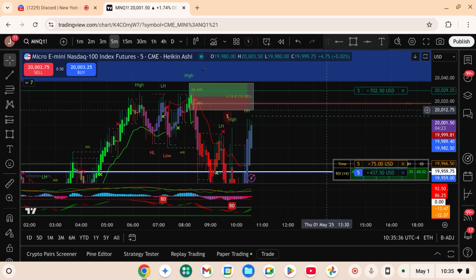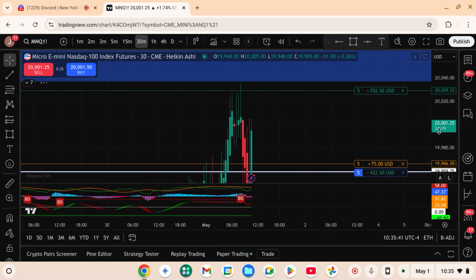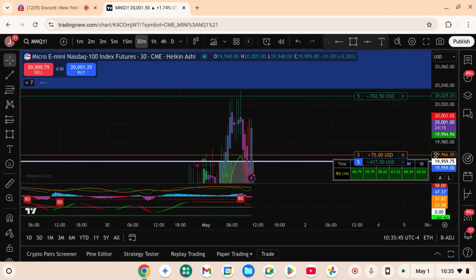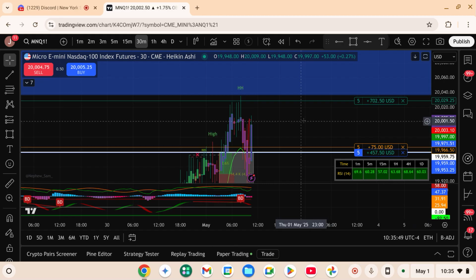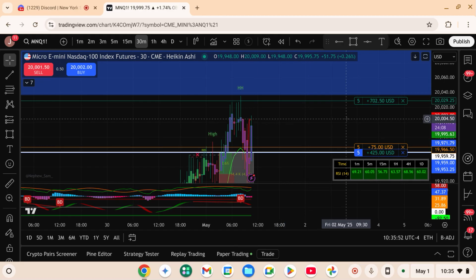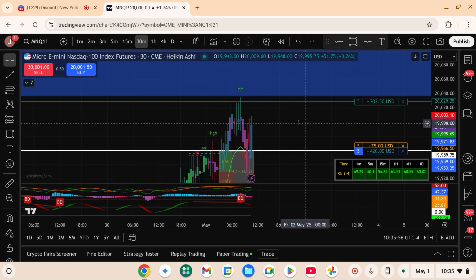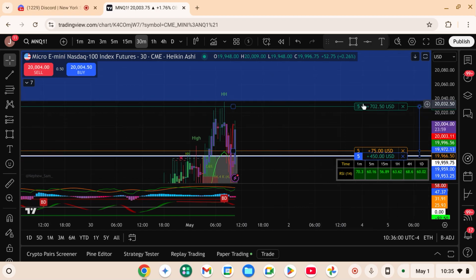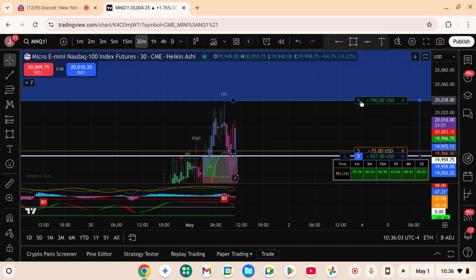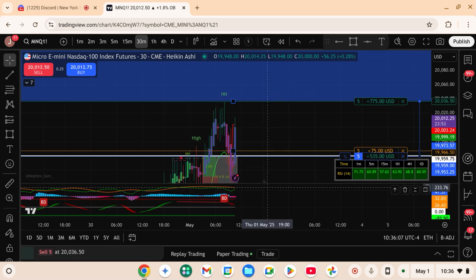You know what? What's the half hour look like? So we can actually target this higher high right here for 775.